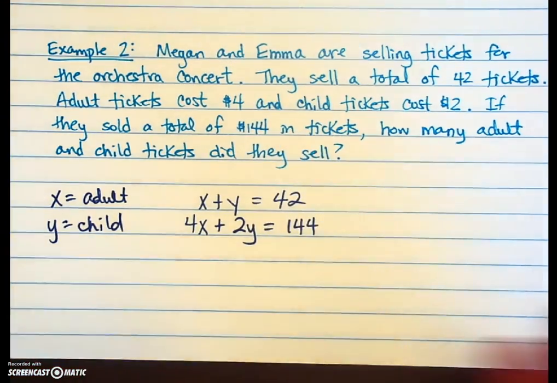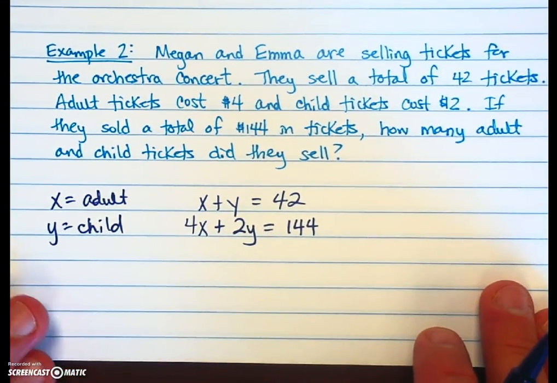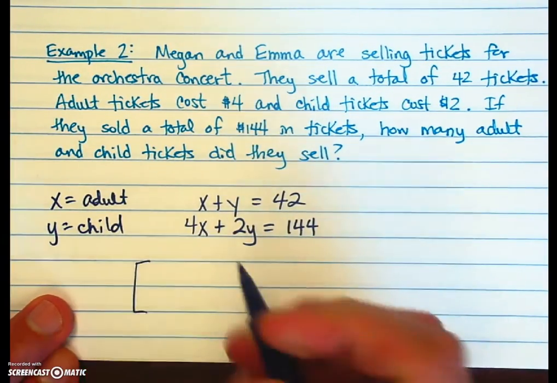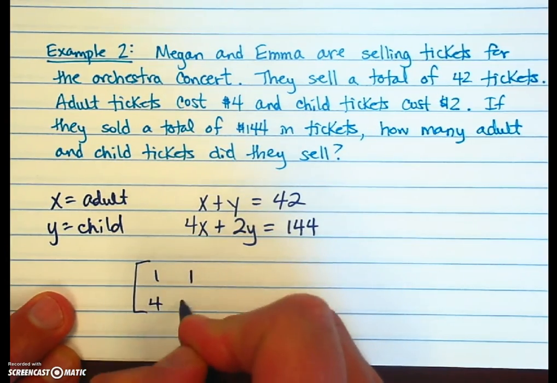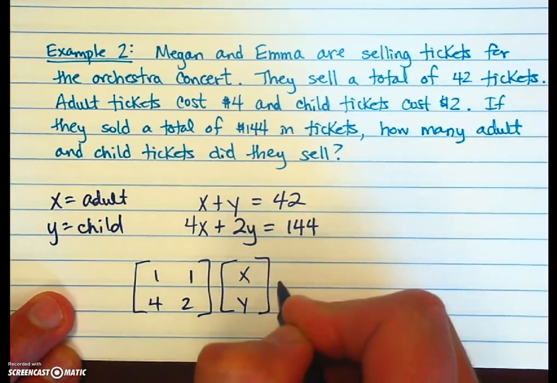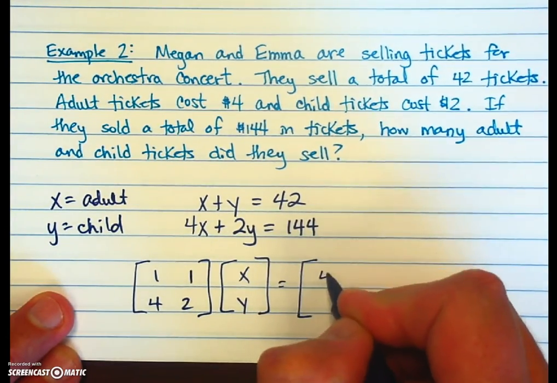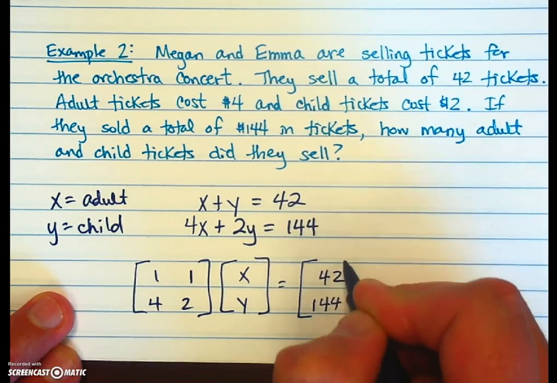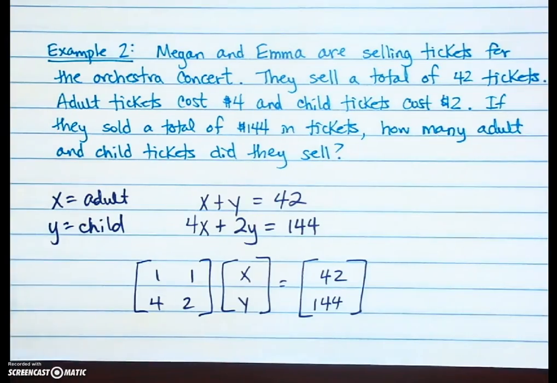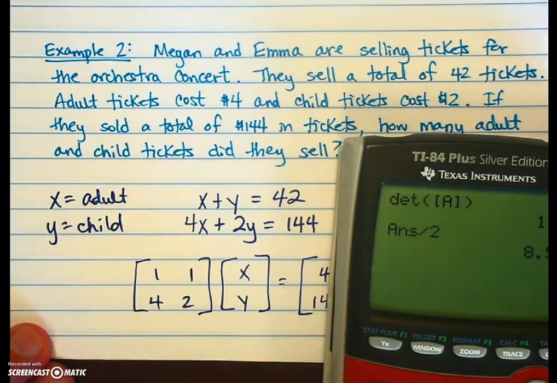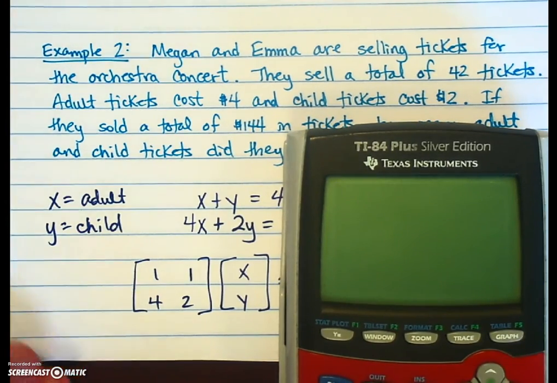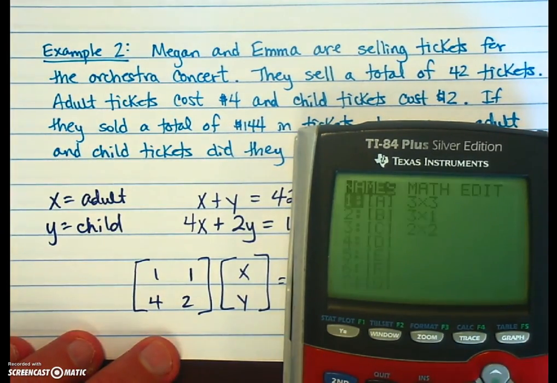Alright, now from here I would just simply solve my system of equations like we did in class today. You would set up your matrix A, which is your coefficient matrix, and then our variable matrix here would just be x and y, and then our constant matrix would be the 42 and the 144. Alright, and I'll go ahead and solve this out. If you have a calculator at home, obviously you can solve this out. If you don't, you can solve this when you get to class tomorrow.